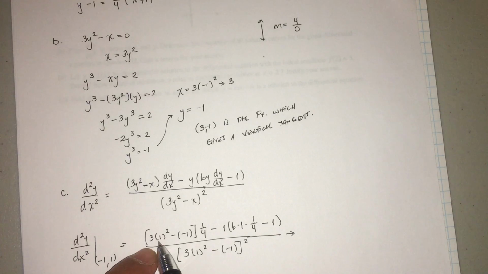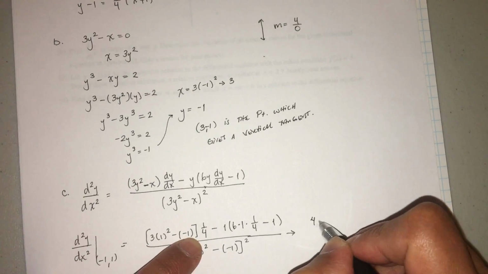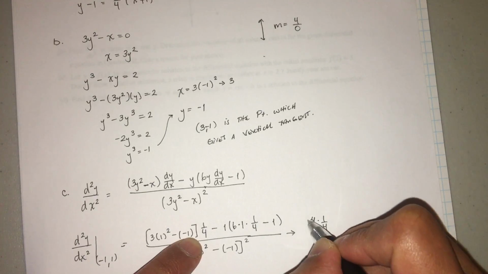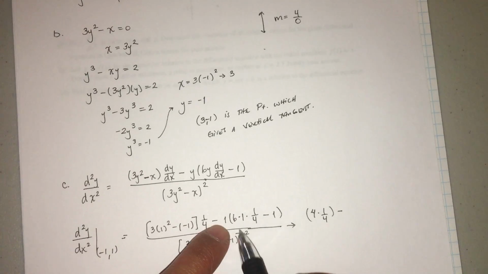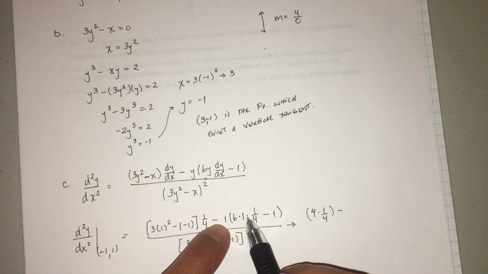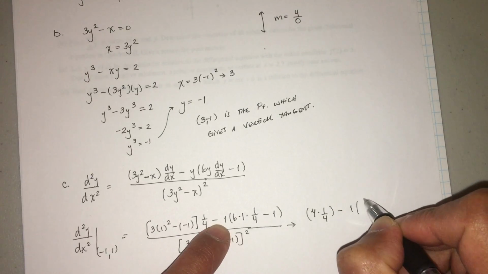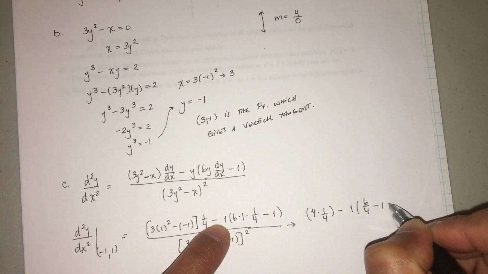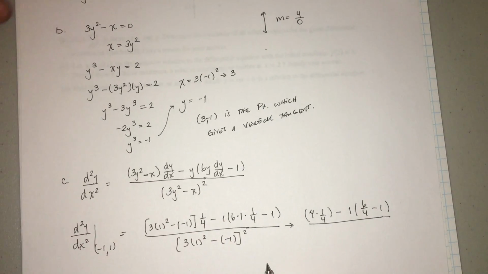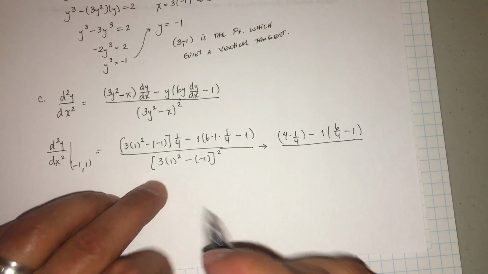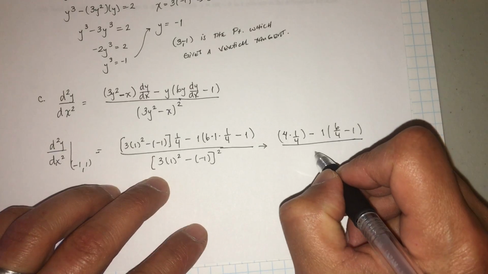That's going to give me 3 plus 1, so that's 4. 4 times 1/4, minus, and I'm going very carefully here, 6 times 1 is 6 times 1/4, so that'd be 6/4. So minus 1, and then 6/4 minus 1, all over. What about the bottom? 1 squared is 1, 3 plus 1 is 4, squared.